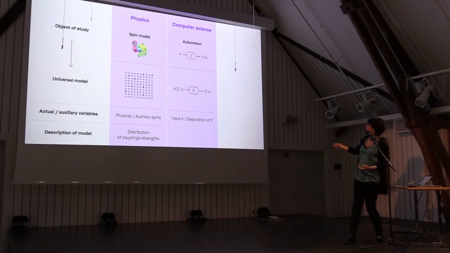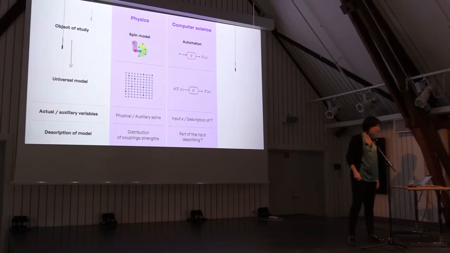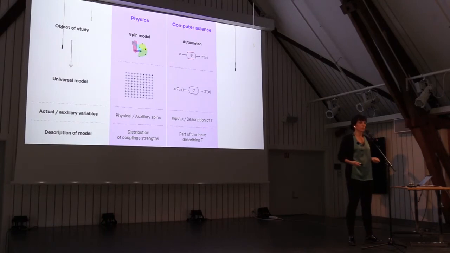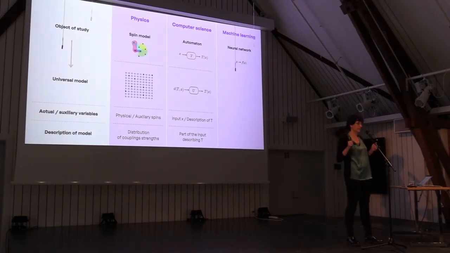For this thing to be true, right? You need to input more bits of data. Very much like here, you need to have auxiliary spins. Yeah, and the description of the target model is the part of the input describing T. Okay, now in neural networks, there's a similar form of universality.